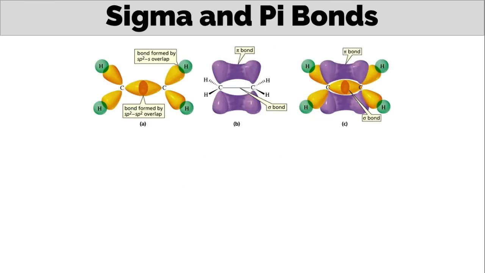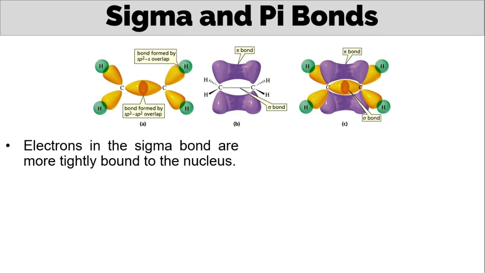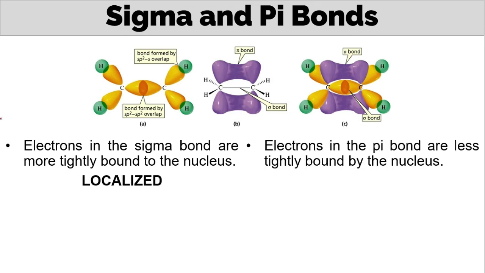This is another picture of the sigma and pi bonds in ethene or ethylene. The electrons in the sigma bond, or sigma electrons, are more tightly bound to the nucleus and don't move too much. In other words, they are more localized. The electrons in the pi bond, or pi electrons, are less tightly bound by the nucleus. Therefore, they are relatively mobile.